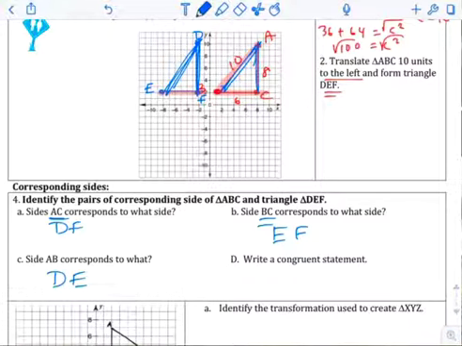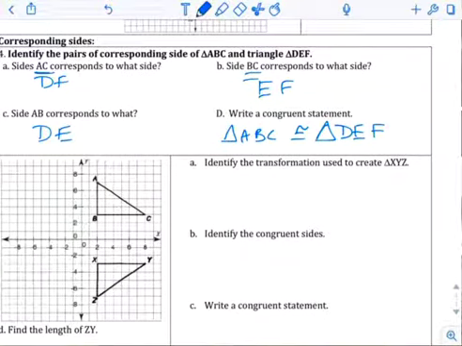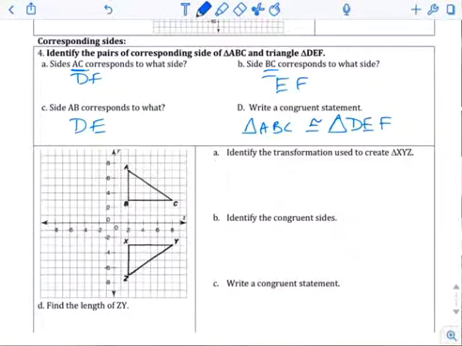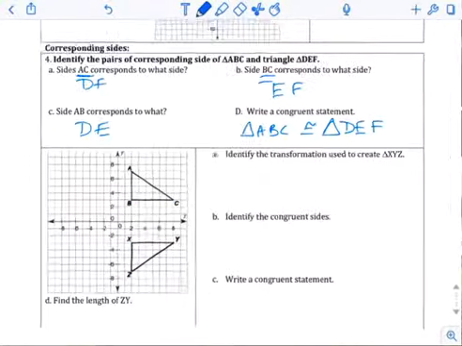Write a congruent statement. Triangle ABC is congruent to, it's a statement, triangle DEF. That's a congruent statement. So you need to remember sides. These are sides. These are angles. And statements are the whole triangles. Okay? That's how you remember them.